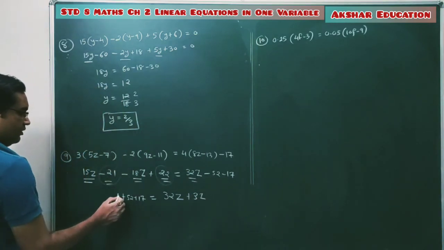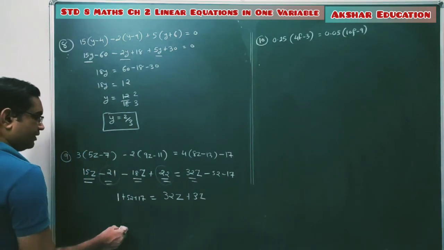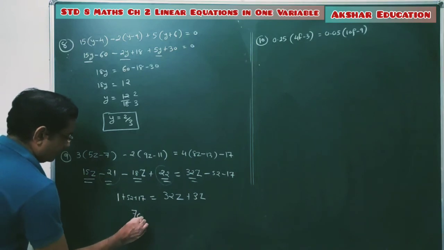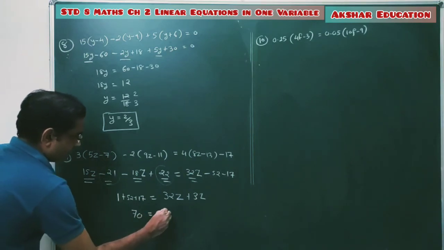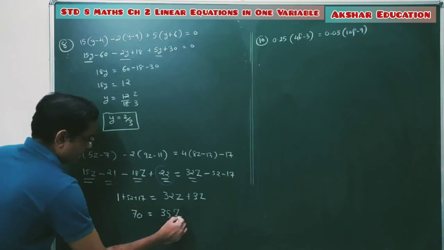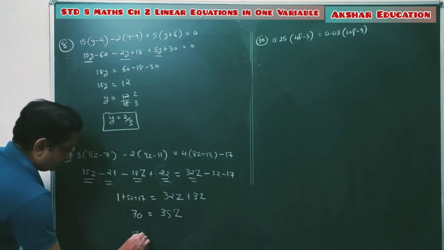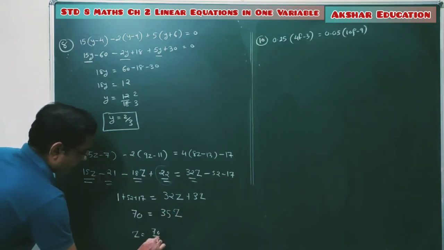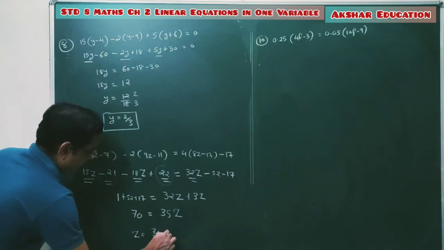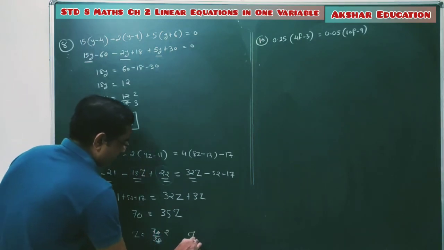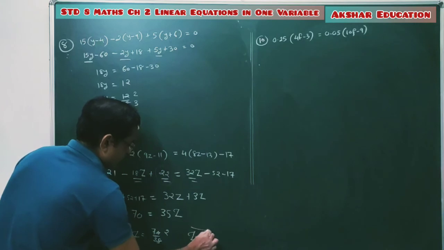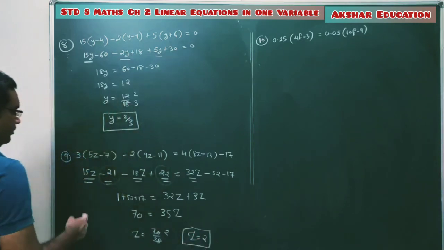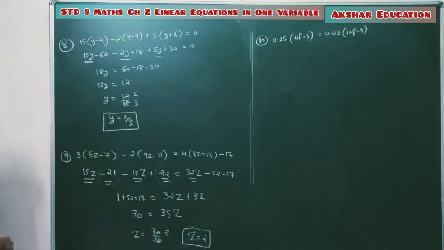Here 1 plus 17 is 18, so 60 plus 70, so 70 equal to 35z. So z equal to 70 by 35, 35 2s are 70. So our solution is z equal to 2. z equal to 2 is the solution of this equation.